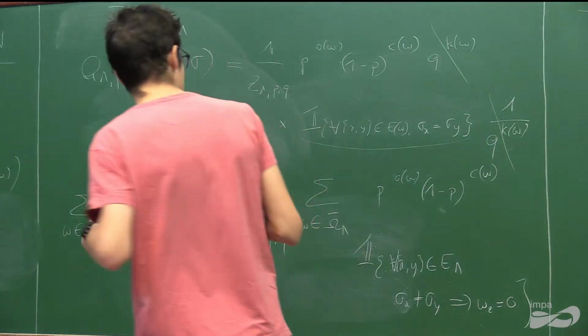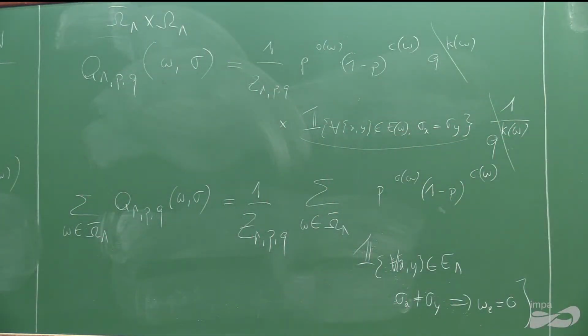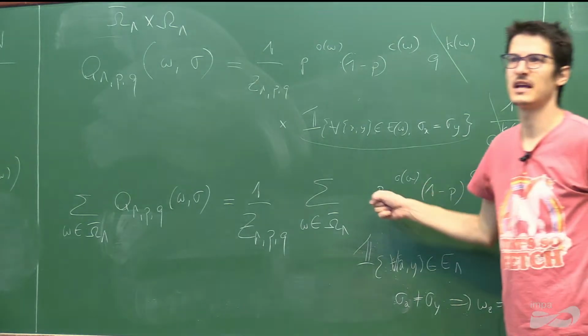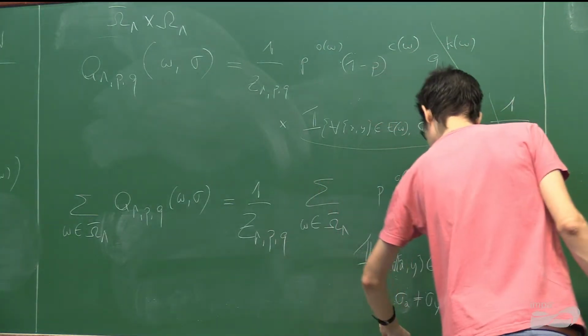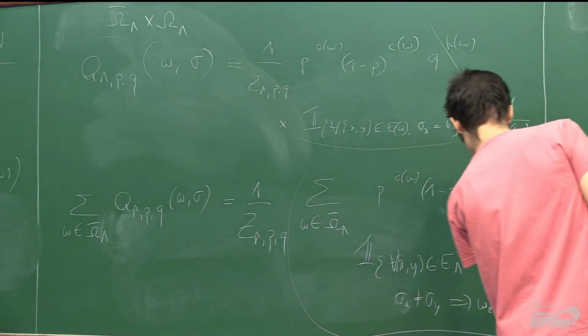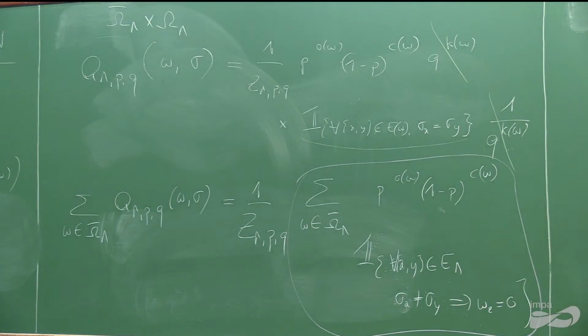Now, here I'm not summing over every configuration. And in fact, for edges that are not monochromatic, I don't have the p term. I just get 1 minus p. So this sum here I can rewrite.